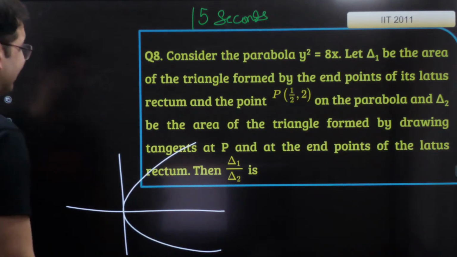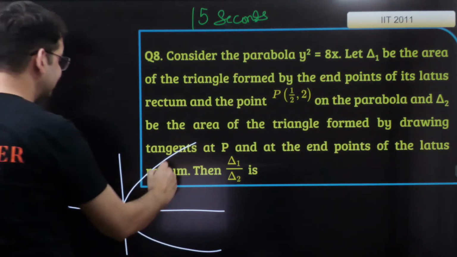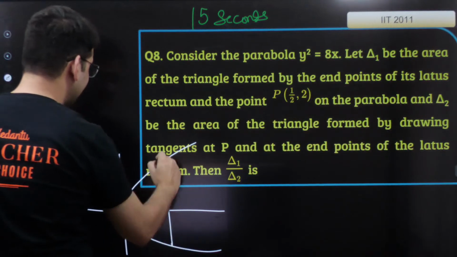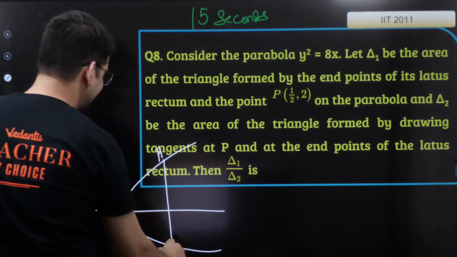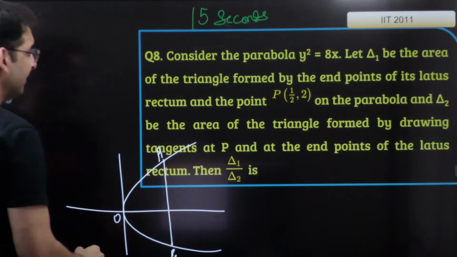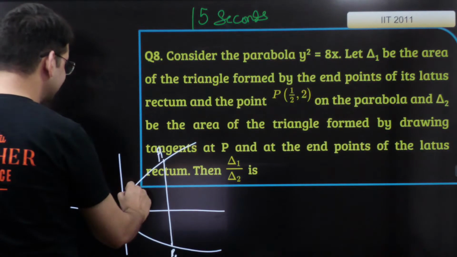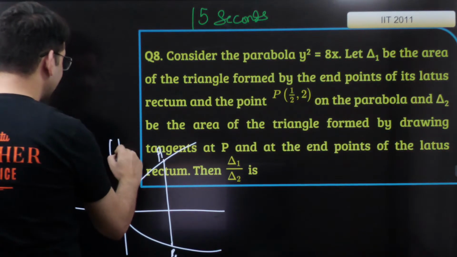y square is equal to 8x, a right open parabola. Delta 1 is the area of the triangle formed by the end points of the latus rectum, P1, P2, and the point P, half comma 2, O. So half comma 2 is going to be this.